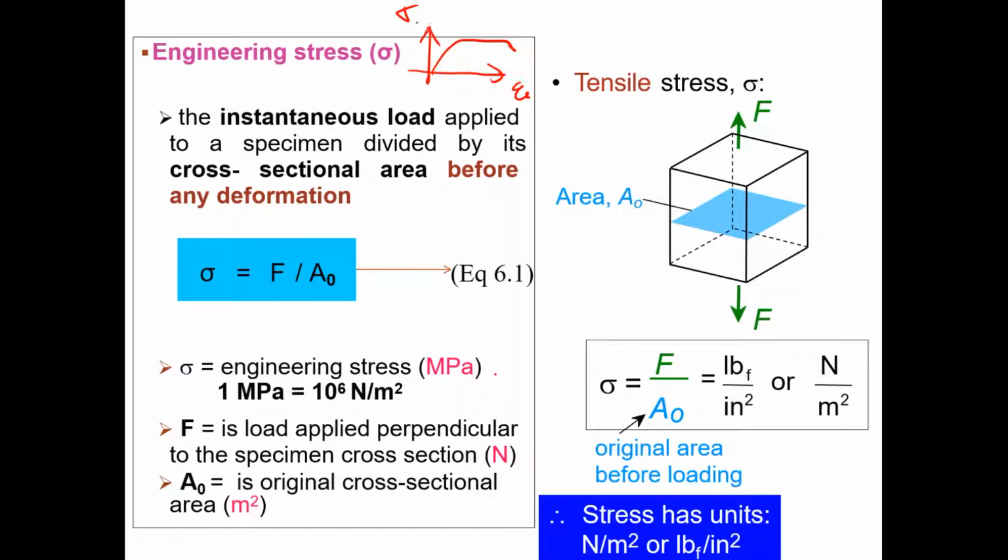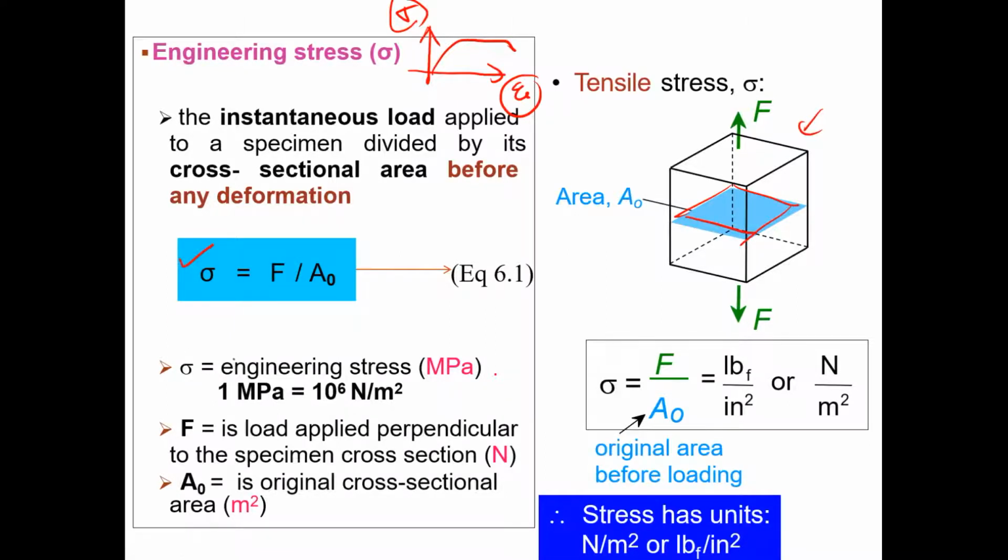Okay, so what is the stress formula and what is the strain formula? How are we going to calculate the stress and the strain? Stress, denoted by sigma, is equal to force F over A naught. If you look at this figure, this is the F value, and this is A, your specimen area.